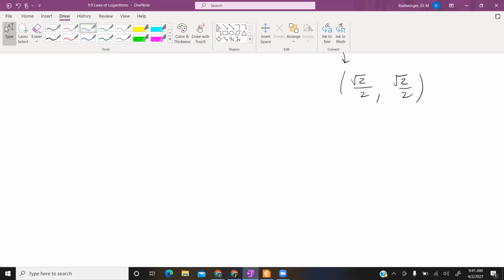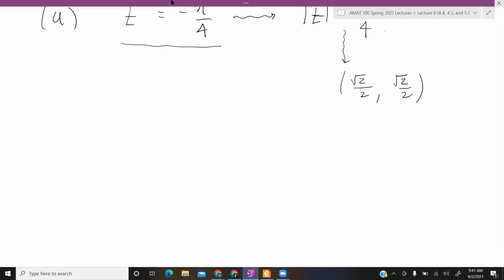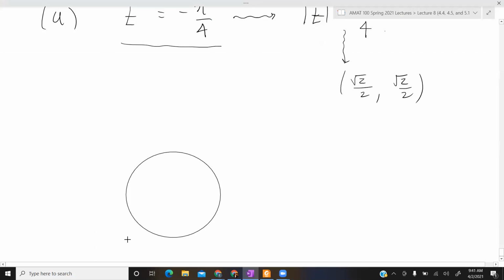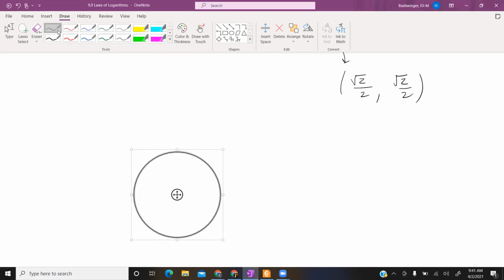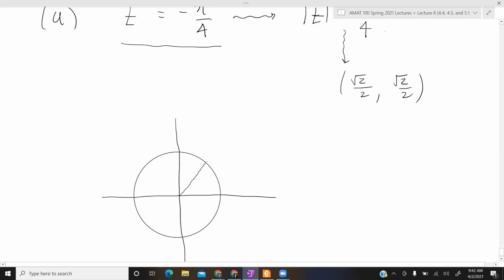So let's draw our unit circle. If you travel pi over 4, you end up halfway in this quadrant, halfway between this point and the starting point.